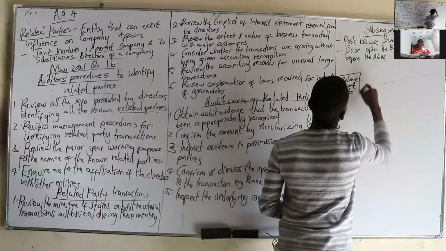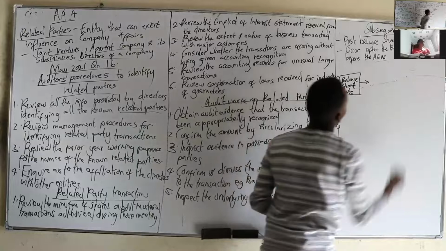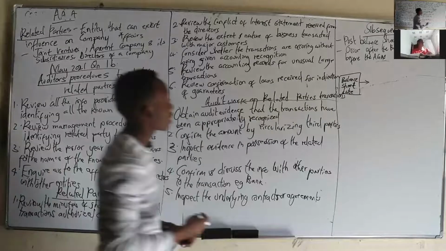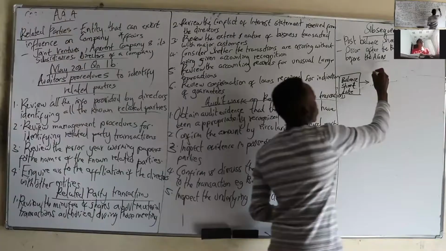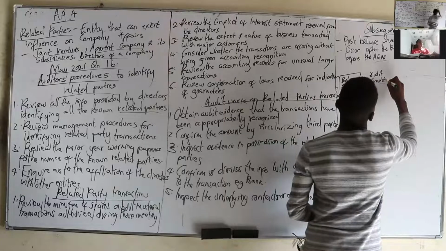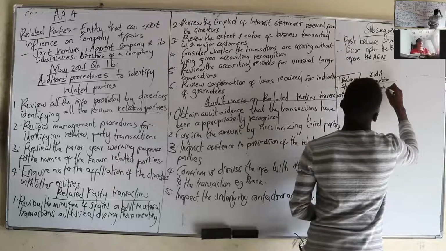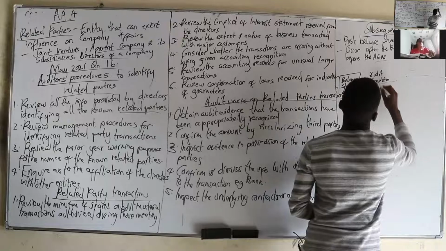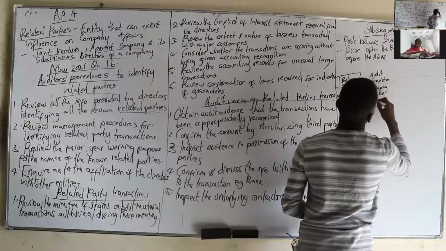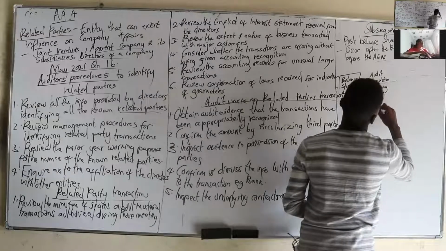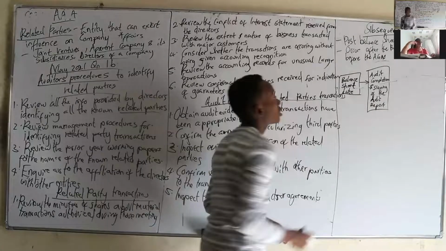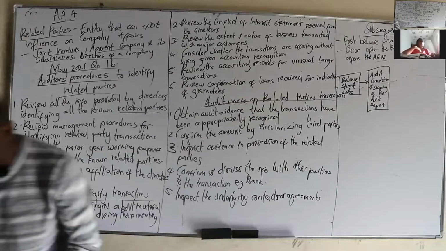And then after this balance sheet date, the audit is completed and the audit report is signed. So we have the audit completion and signing of the audit report, whereby the procedures are completed and signed off.